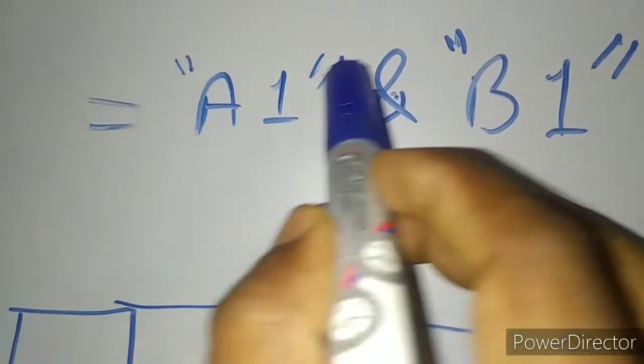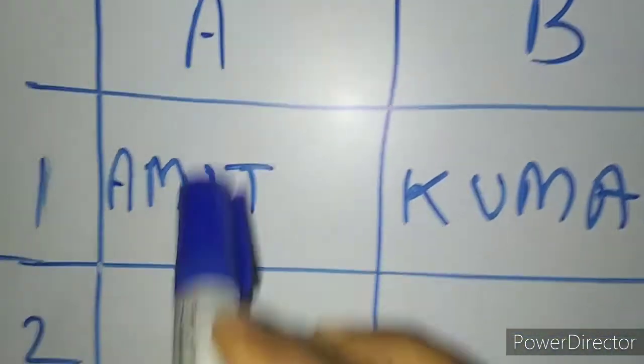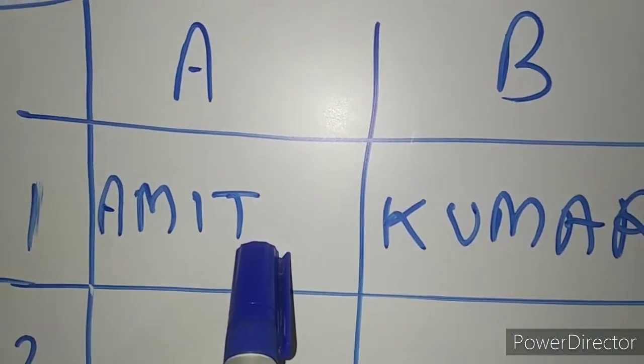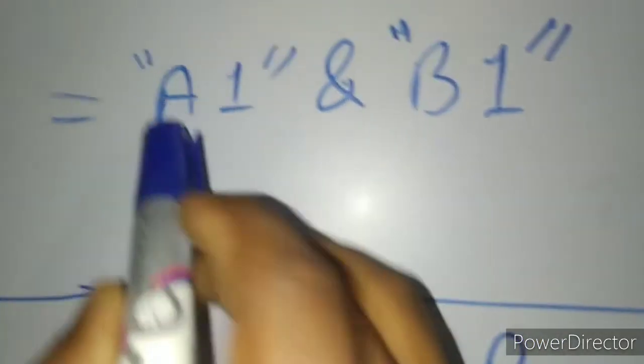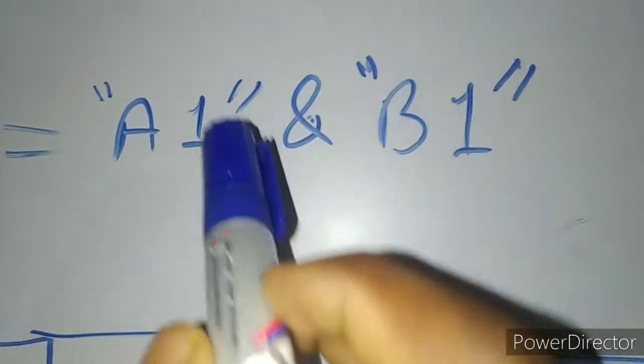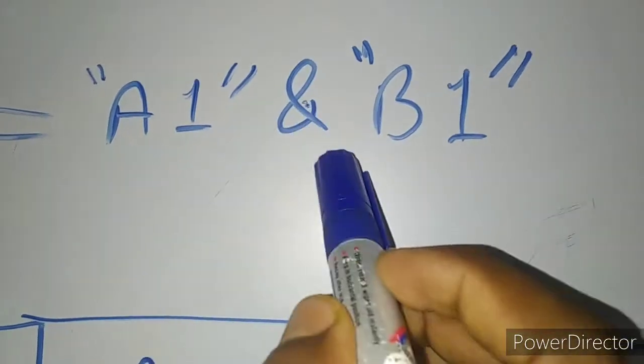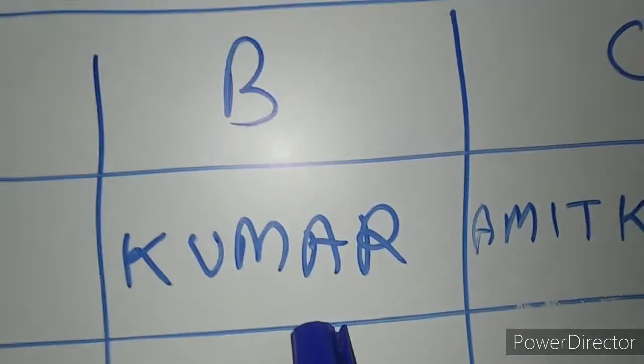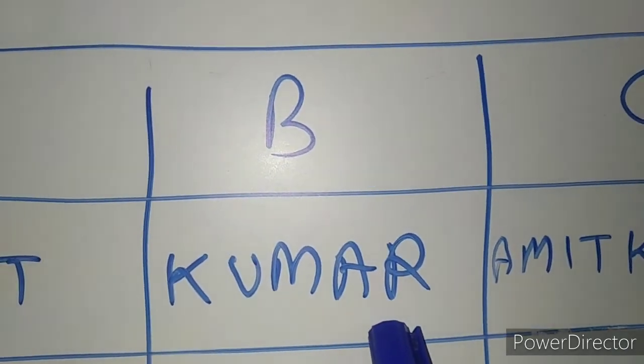Here is the cell reference. Because Amit, the first name, has been written in cell A1, A1 will be written, and after that & will be written. It is the concatenation operator, and then the last name, which has been written in B1, is written.